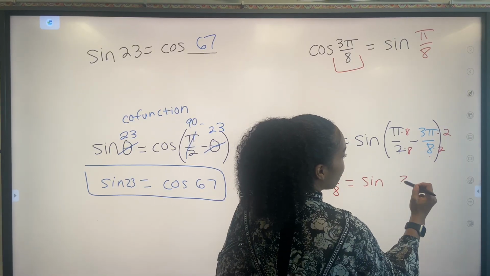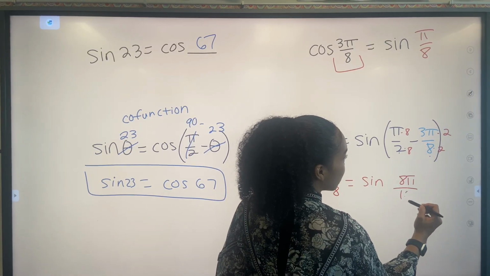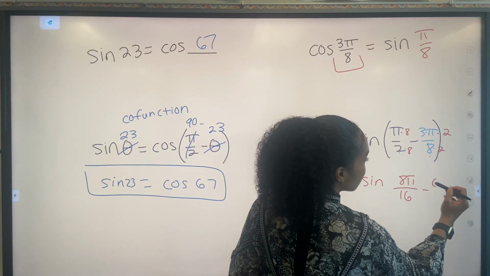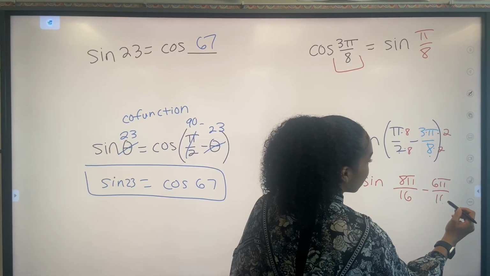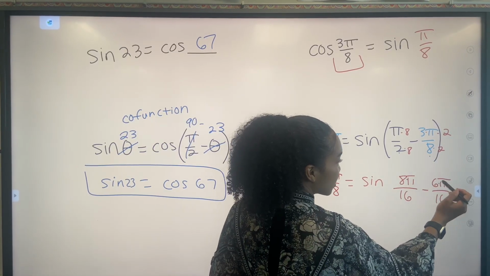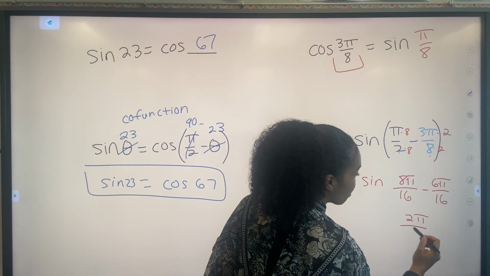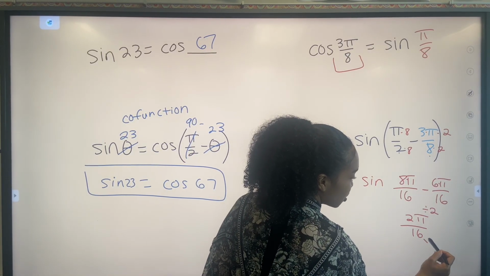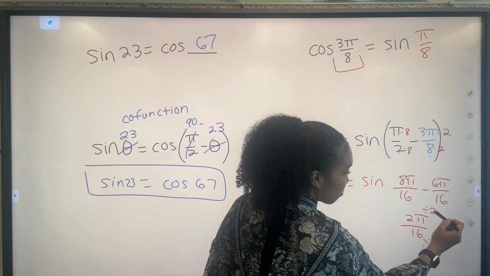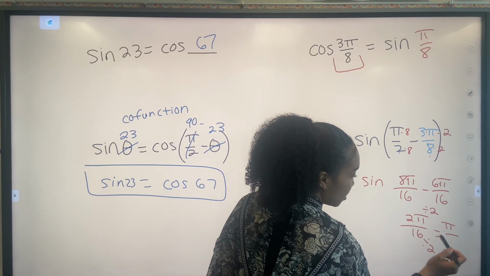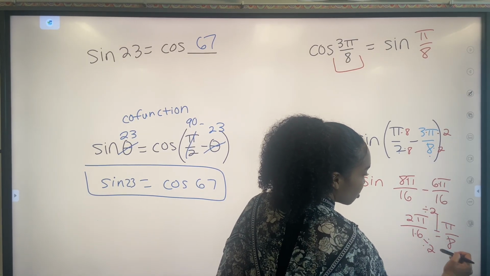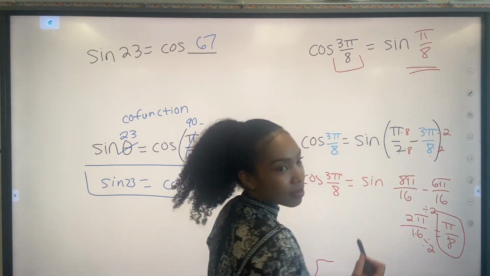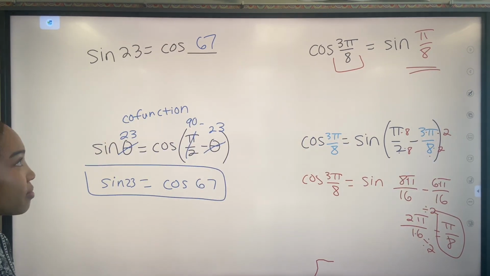So you'll get 8 pi over 16 minus 6 pi over 16. 8 pi minus 6 pi is 2 pi over 16. And simplify. Divide the numerator by 2 and the denominator by 2. 2 divided by 2 is 1, so you're left with pi. 16 divided by 2 is 8, so you get pi over 8. Okay, so same thing.